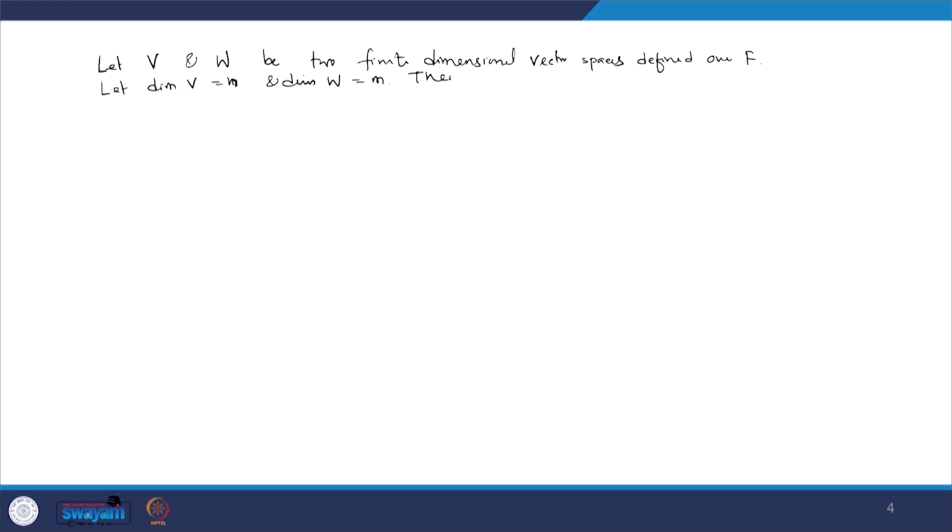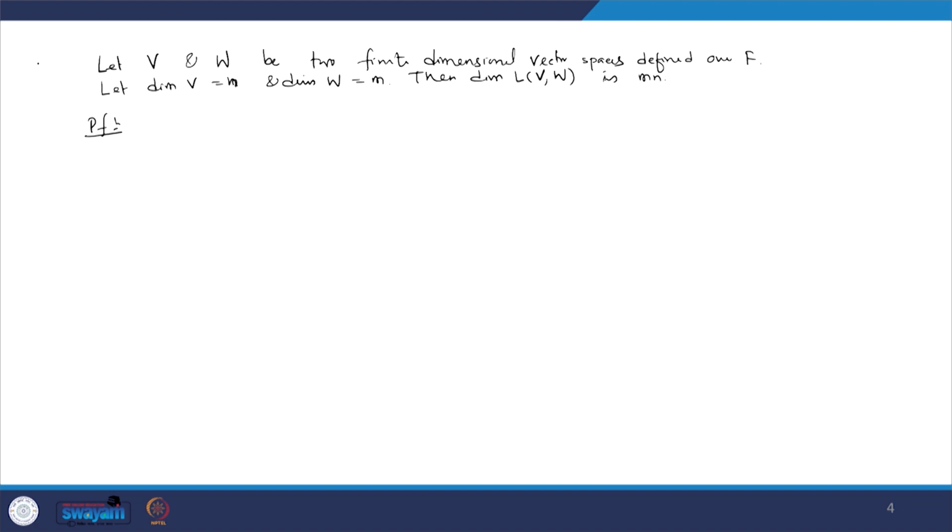Then dimension of L(V, W) is mn. So, we have picked up the statement like this: V and W are two finite dimensional vector spaces over the field capital F, and dimension of V is n, and dimension of W is small m. Then dimension of L(V, W) is mn.